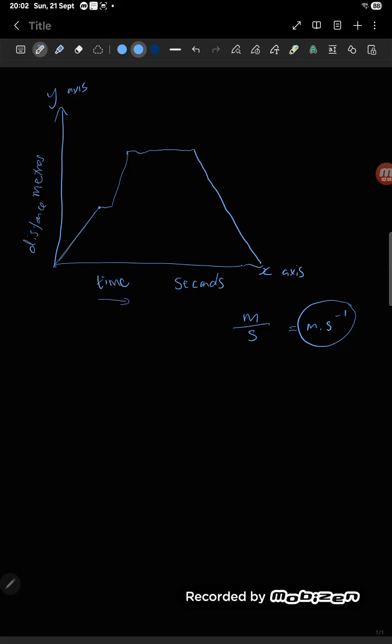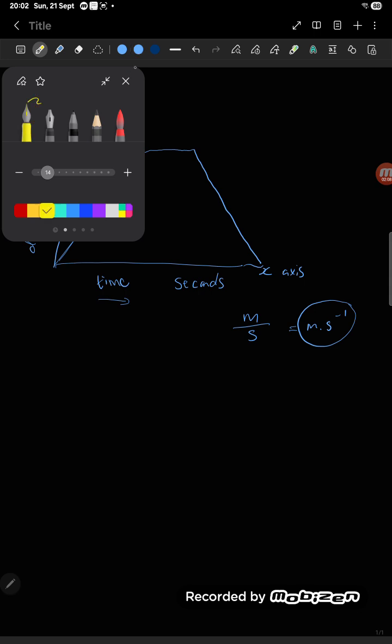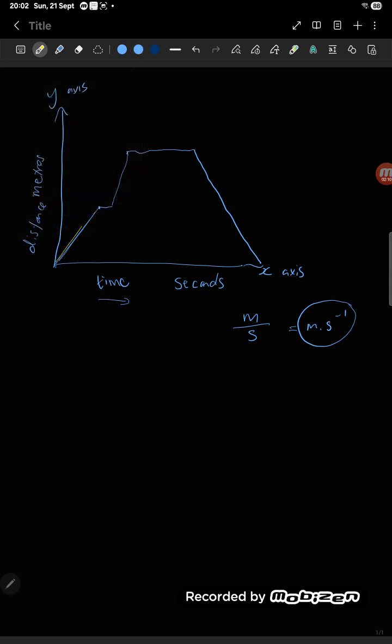Now, what happened between here and here? And from grade 7, we learned that this and this, can you see the steepness of the slope? The steepness of the slope tells us something. If it took me, say for instance, this was 2 kilometers, and say for instance, this is at 4 kilometers.